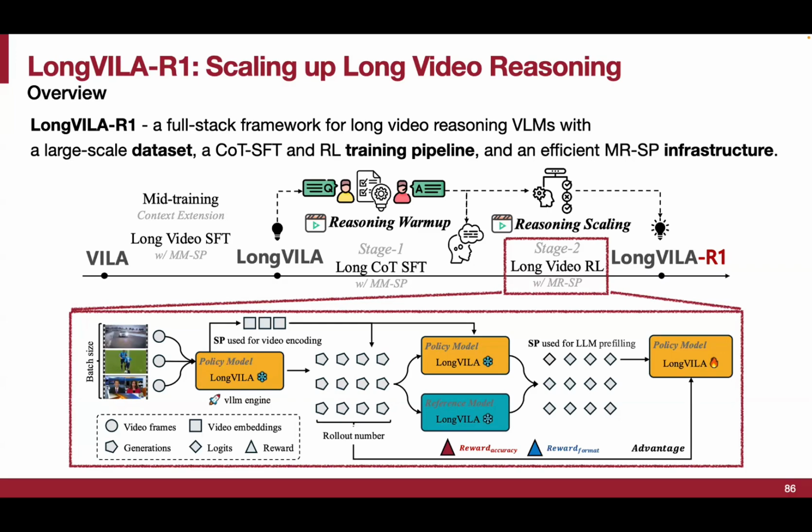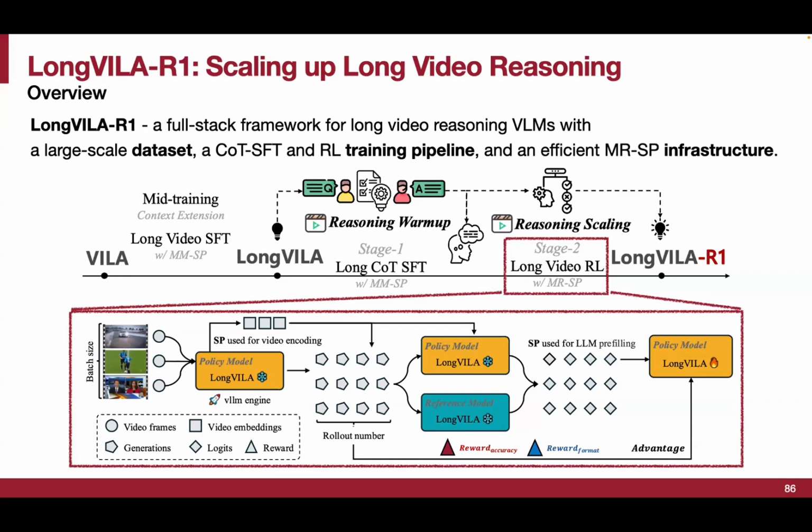So recently we introduced this LongVILA-R1, which is a full-stack framework, training, inference, model design, dataset, a full-stack framework for long video reasoning of VLMs, including a large-scale dataset we introduced in this work, and also a CoT plus SFT, and also the RL training pipeline.